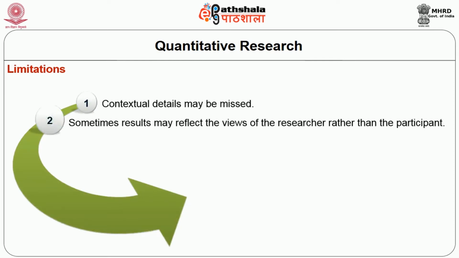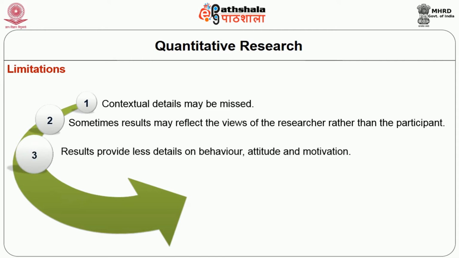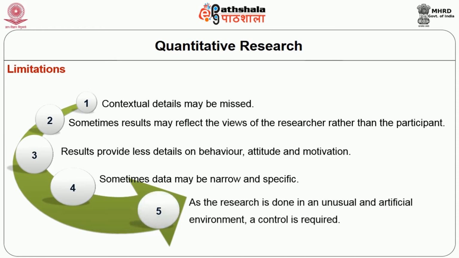Sometimes results may reflect the views of the researcher rather than the participant. Results provide less details on behavior, attitude, and motivation. Sometimes data may be narrow and specific. As the research is done in an unusual and artificial environment, a control is required.